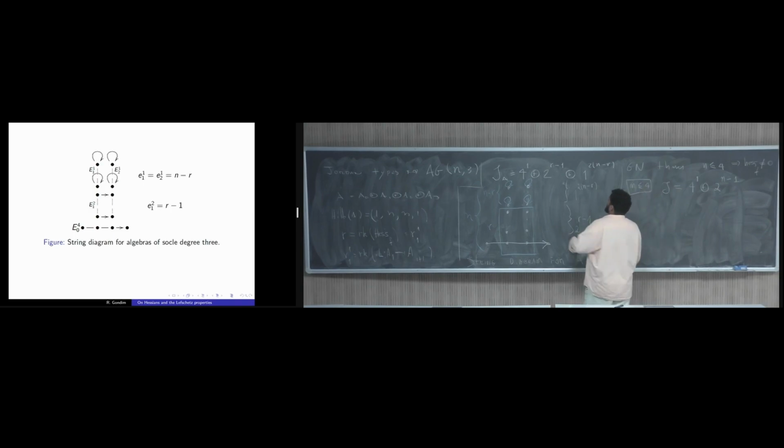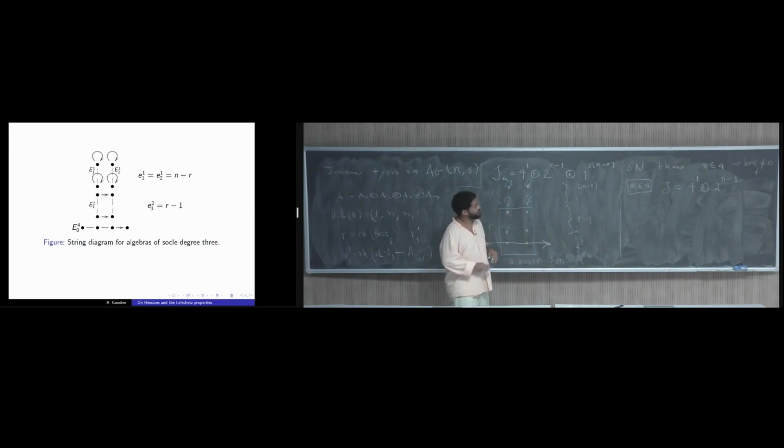Because r, the rank of the Hessian, is full, is n minus 1, and here it is 0. There is no kernel for the first Hessian.